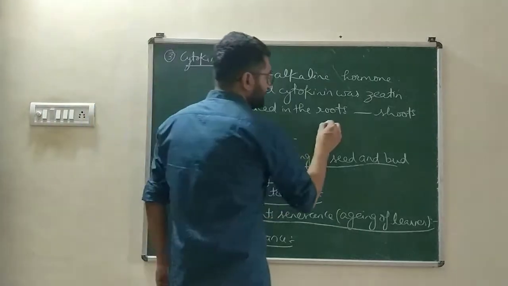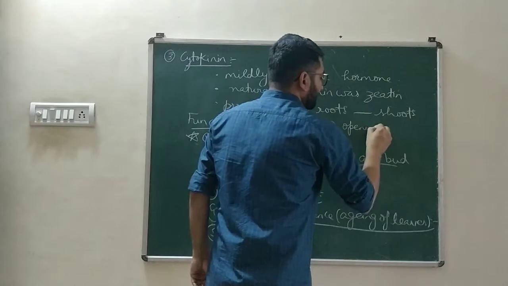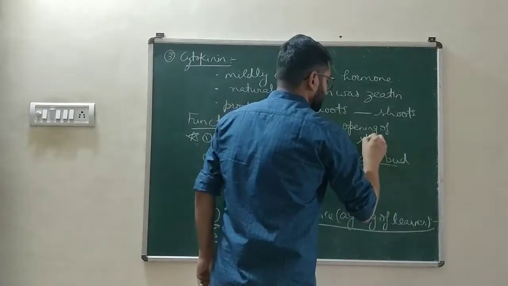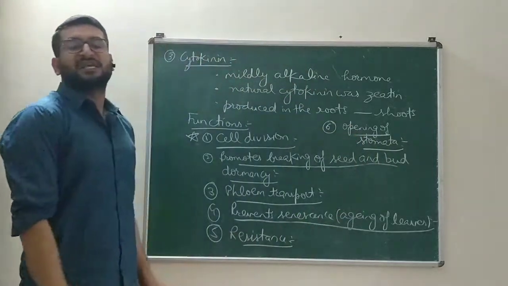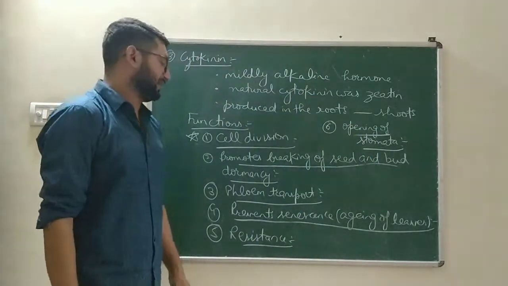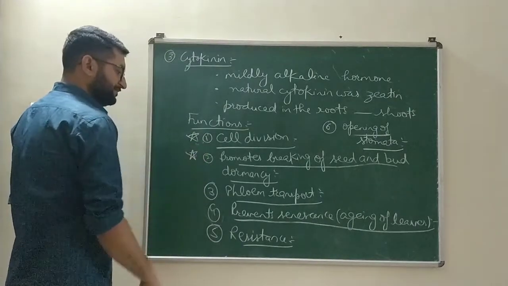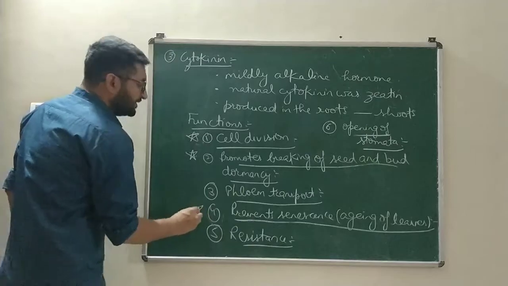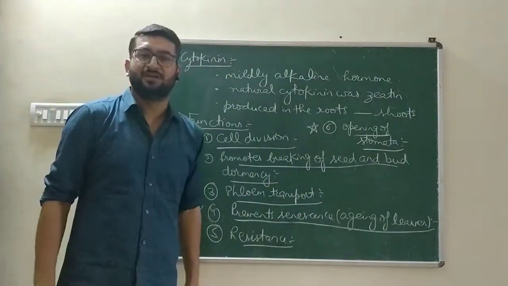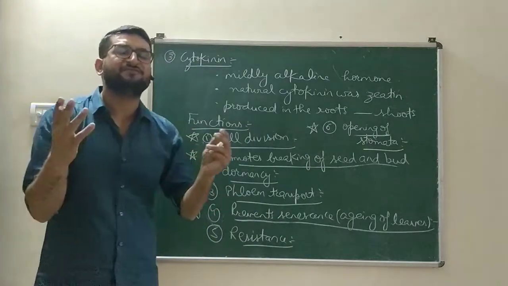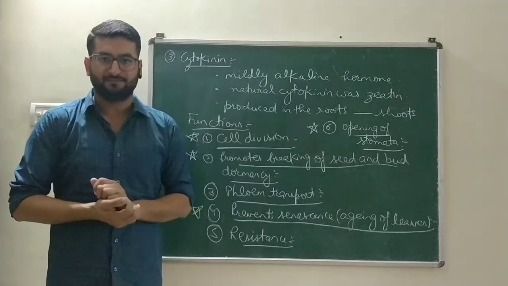And the sixth function of cytokinin is opening of stomata. Cytokinin helps in the opening of stomata. Out of these six functions, the first, second, fourth, and sixth are very important. These are included in your NCERT syllabus. The rest are extra, you may leave them, but these are very important, so you have to do it very carefully.